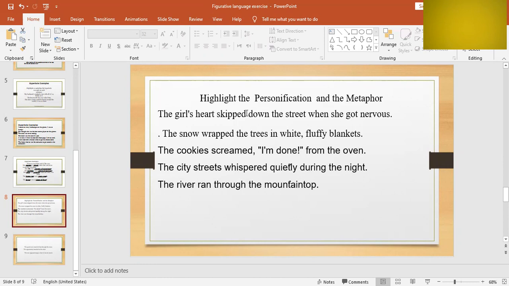So the city streets whispered quietly during the night. Streets cannot whisper, only a person can whisper. But you can imagine the situation. Now streets are personified, like people, and you can imagine how quiet the streets were.